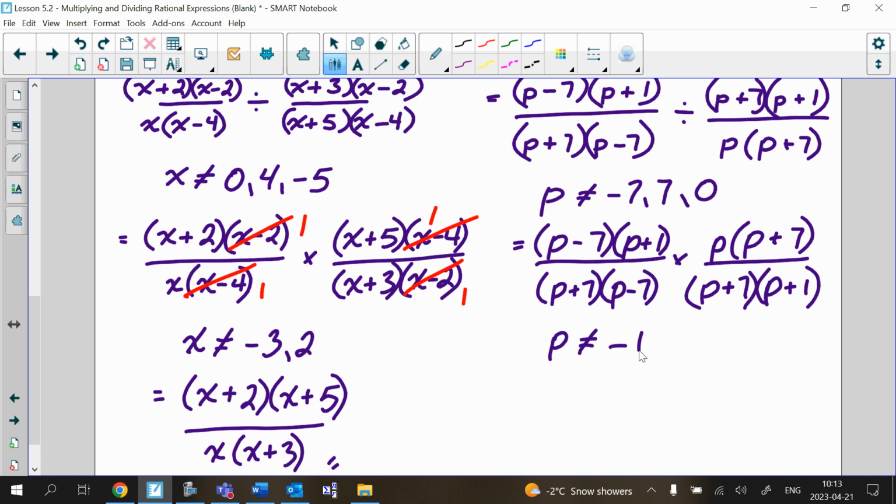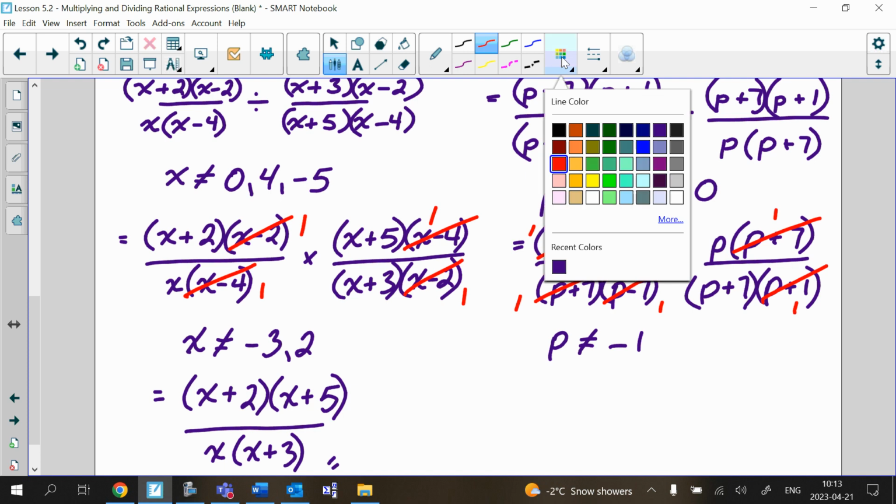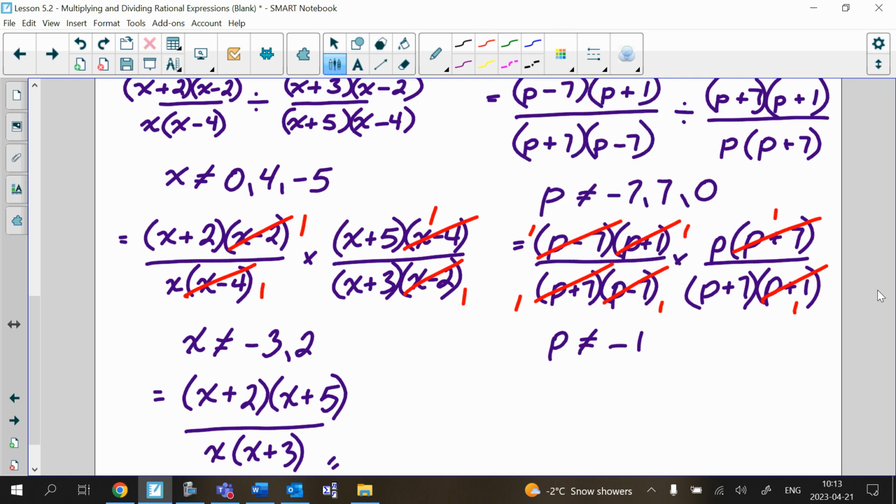So I am left with P on top and P plus 7 in the denominator. It looks like a lot, but you've got all the skills to be able to do it. Just remember everything you have to do, the steps, especially with the more complicated ones that you have to factor first.